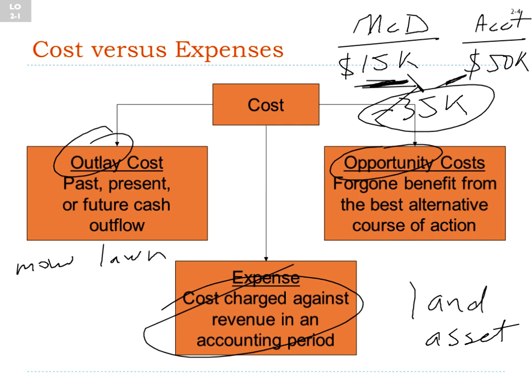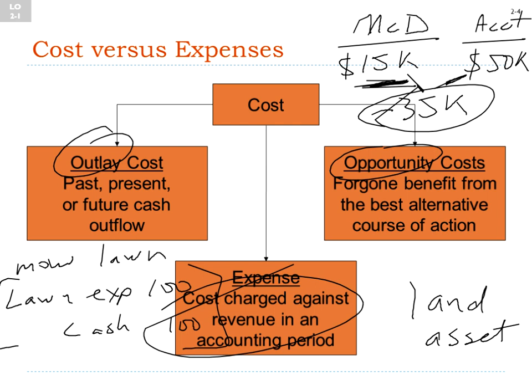So what you generally should record is something like lawn expense, let's say $100, and then credit cash for $100, right? So you're recording an expense for this lawn service that you're taking advantage of. But what was Enron doing?